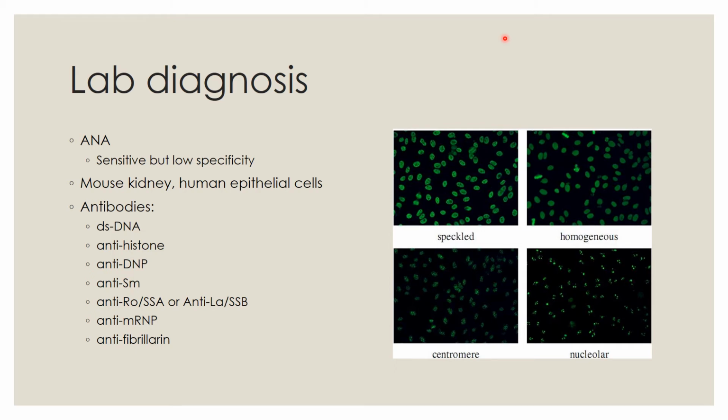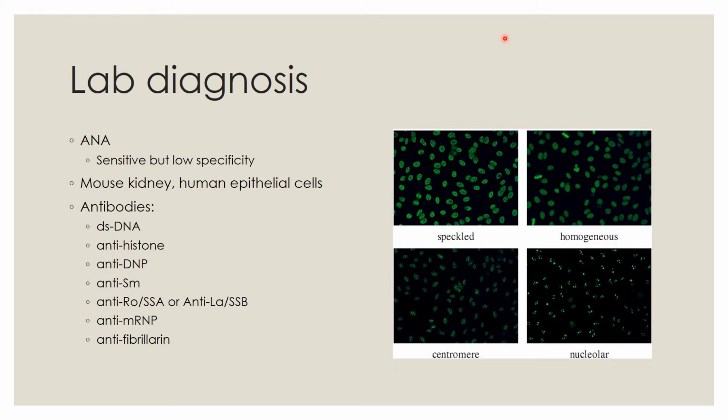So these are very specific in what they're directed against. And they are also specific for lupus, because they're usually not found in a lot of other autoimmune diseases. Unfortunately, they're not found in a majority of the cases of lupus. They're only found in about 7 to 25% of lupus cases. But again, if you find it, it is highly suggestive of a lupus diagnosis.